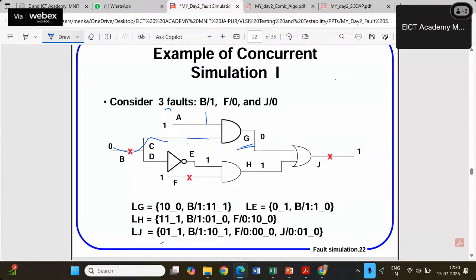Two B and another is F. B zero G. So the fault free must be input given there. This one is going to give one dash.